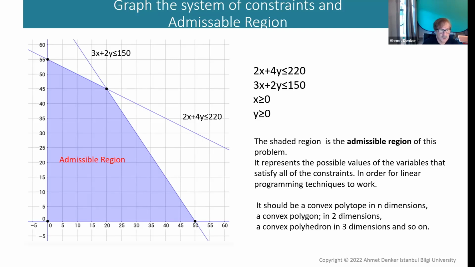So we are now concentrated on a two-dimensional convex region. What you remember, what is a convex? The convex is that if I draw any line between any 2 points, it stays inside the region. This is convex.